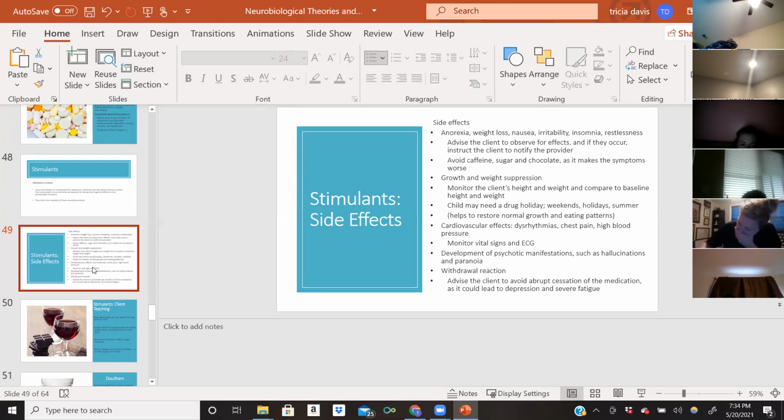You want to avoid caffeine, sugar, and chocolate because it can make your side effects worse. And then growth and weight suppression. So this is a huge issue, especially with children. A lot of children take these medications. The physicians are constantly monitoring the client's height and weight, and we're comparing it to their baseline, so before they started this medication.